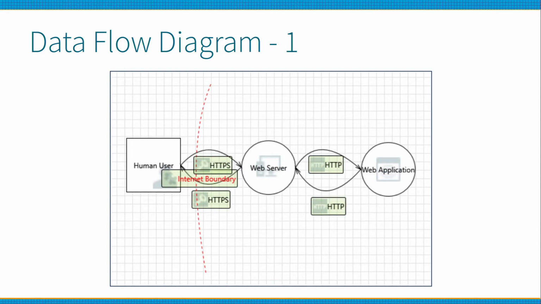I'll be using 2 different data flow diagrams, and I'll be covering a second one later. This diagram shows the overall design. The main part of the program is a web application written in Python Flask, which is shown on the right here.